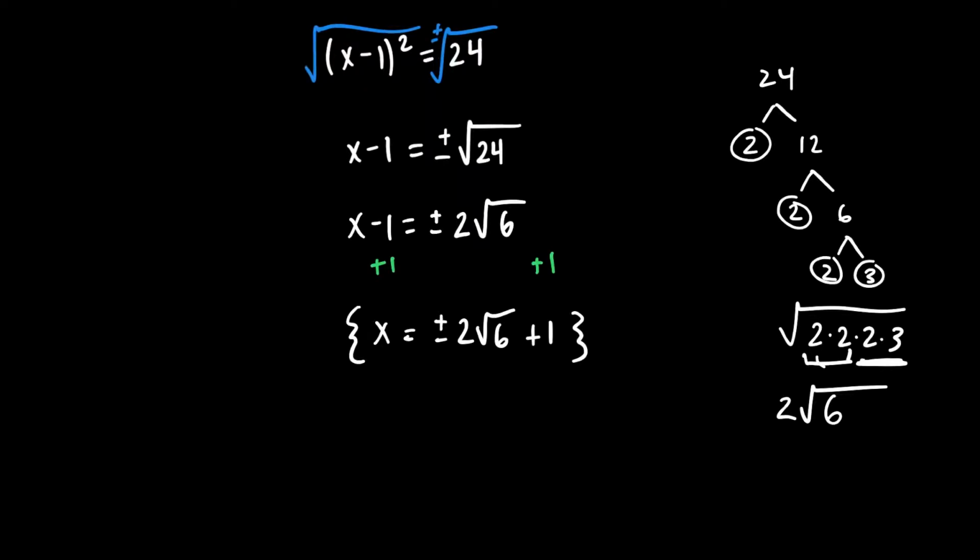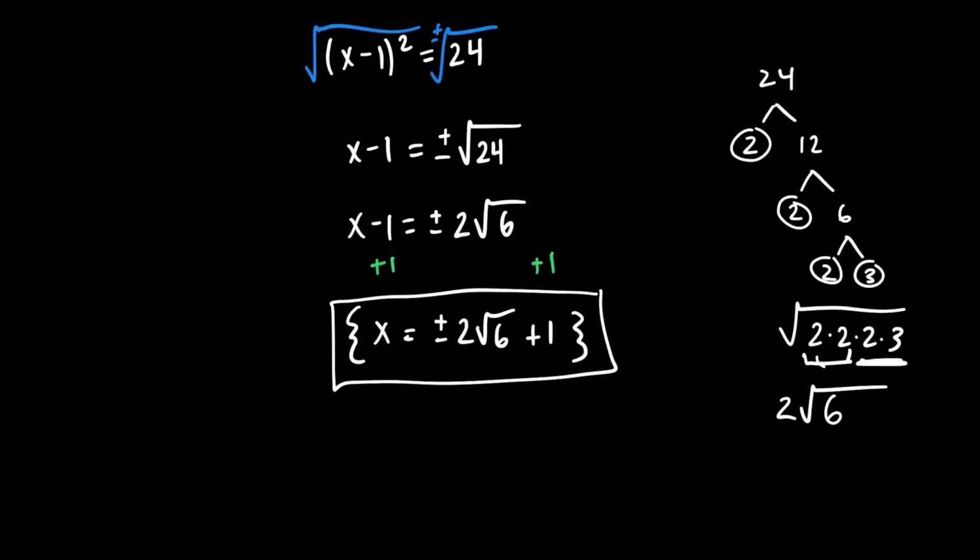You could theoretically write x is equal to negative 2 radical 6 plus 1, or positive 2 radical 6 plus 1, and then throw that in parentheses. But most people are totally happy with that form right there. So we'll just leave it like that in the box there.